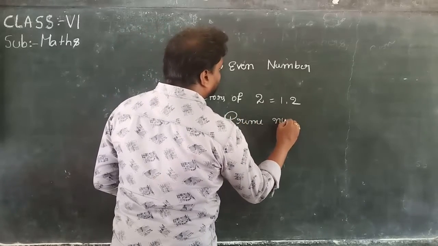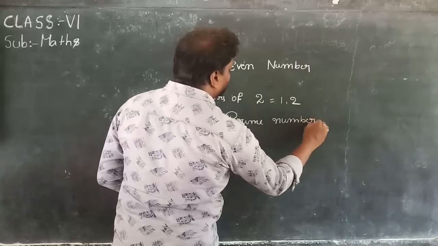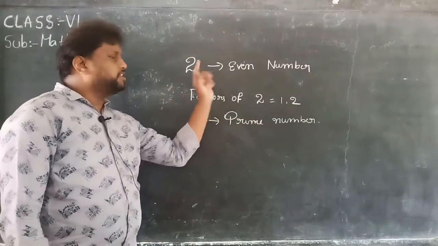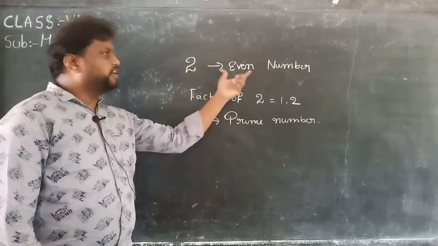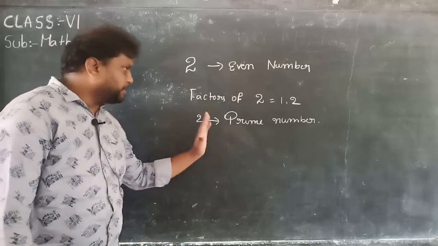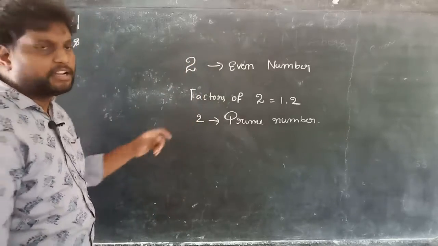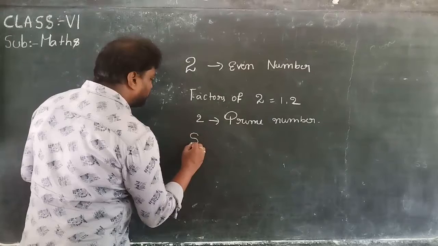The smallest even number is 2, the first even number is 2, and the first prime number is 2, and the smallest even prime number is 2 only.